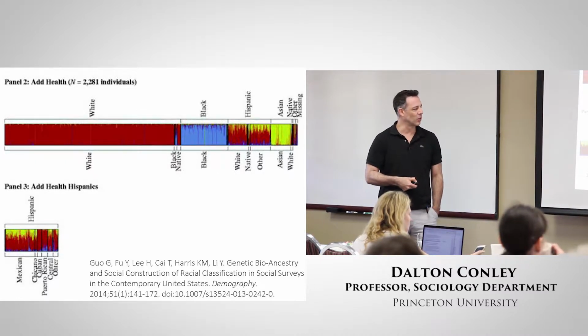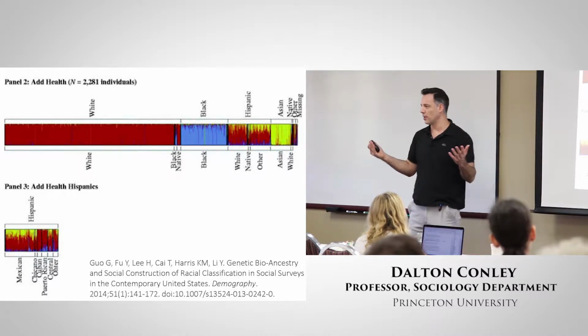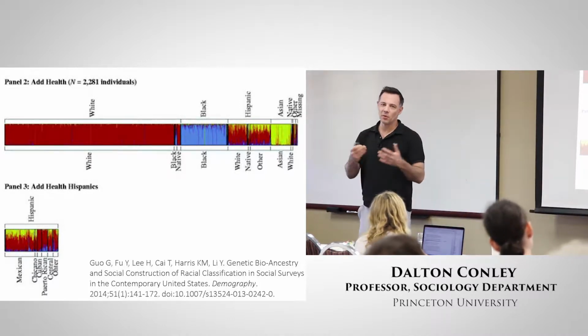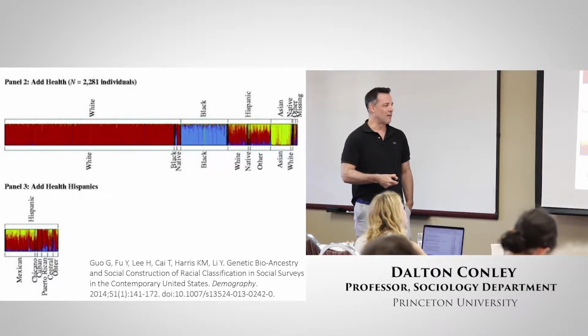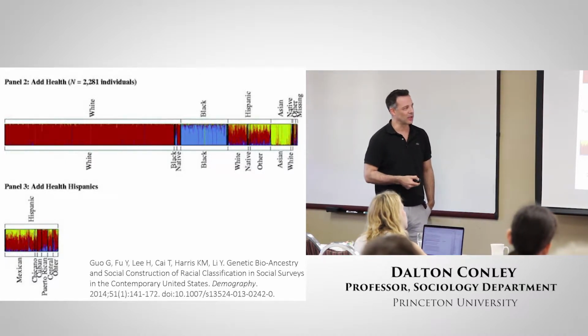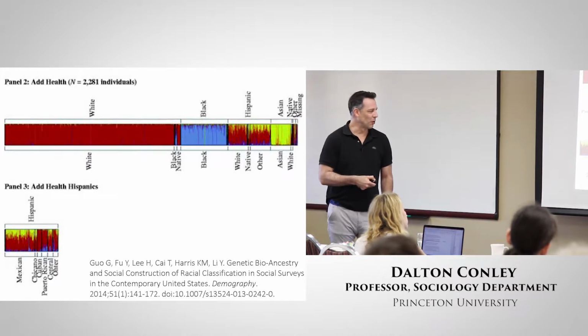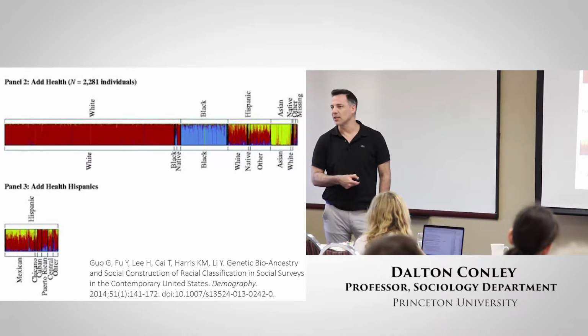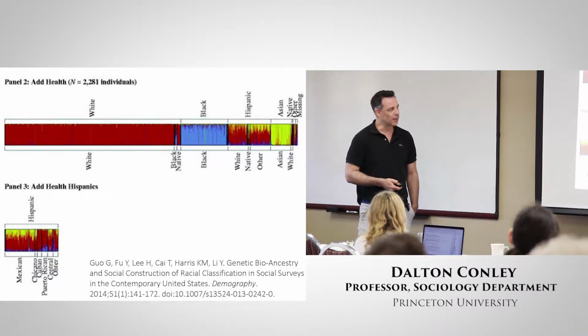The most interesting group is Latinos, thought of as a sort of racial group, but with very different patterns of admixture, as you can see. For example, Mexicans have a lot more Asian ancestry than other Latino groups in the United States.